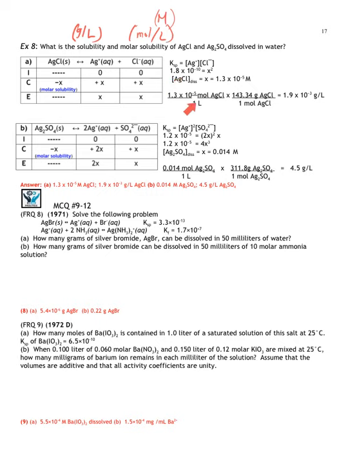I can then convert my x, which is molar solubility, into solubility by converting moles to grams of silver chloride, and that gives me grams per liter. Notice I have my moles per liter and my grams per liter.